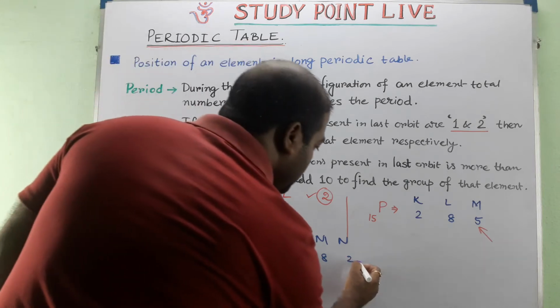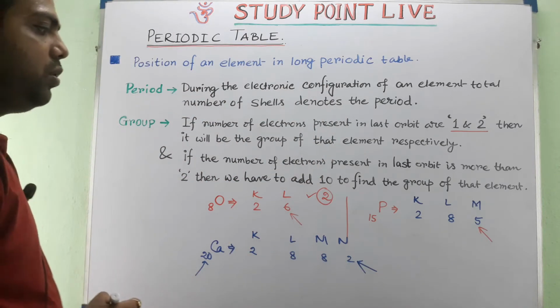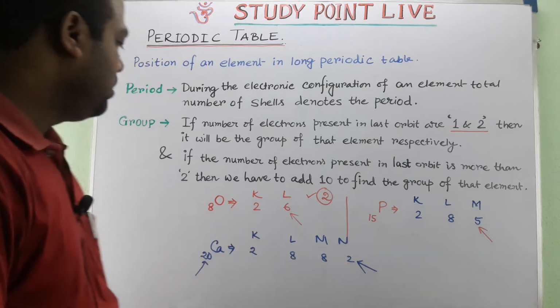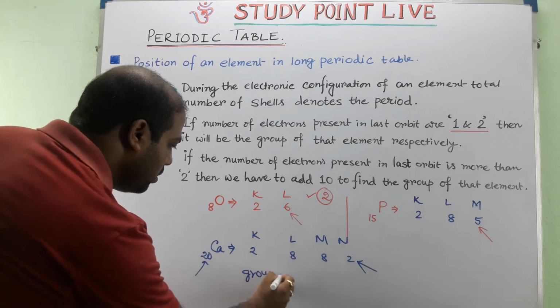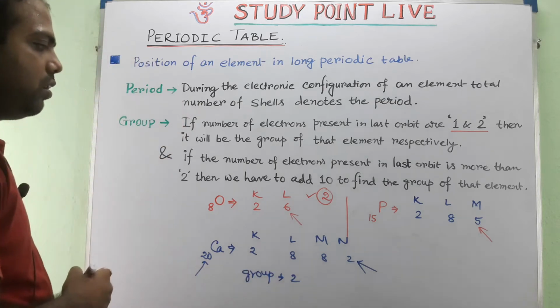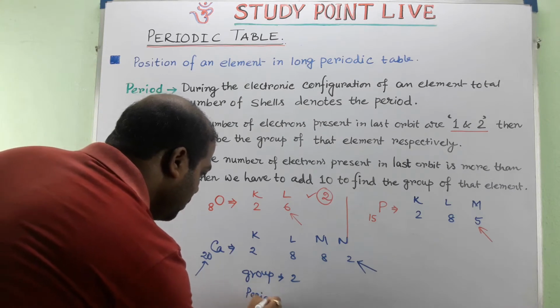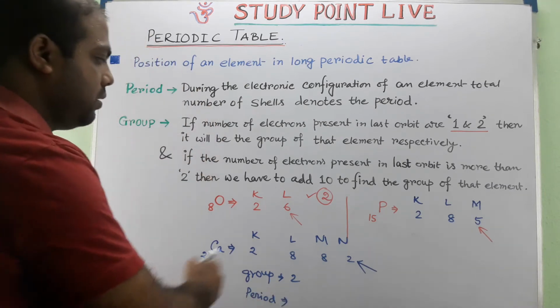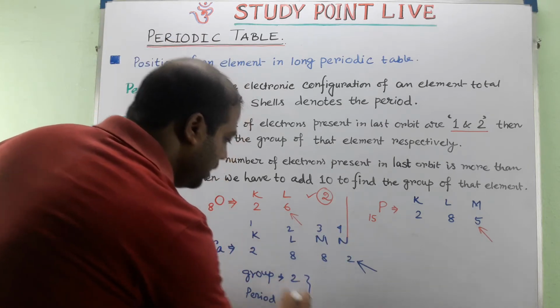Now the number of electrons present in the last orbit is equal to 2. That's why the group will be 2 and the period will be what? 1, 2, 3, 4. Clear?